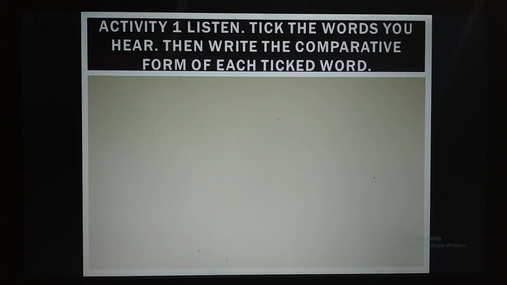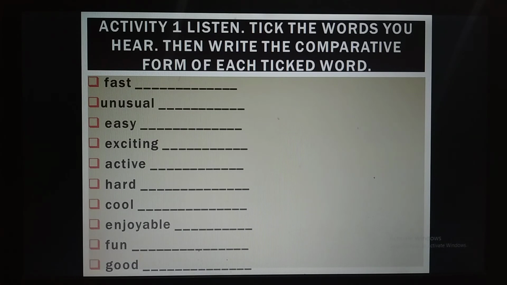In activity 1, you have there: listen, tick the words you hear, then write the comparative form of each ticked word. So we have 10 words.